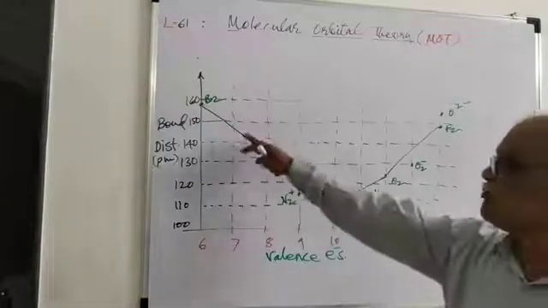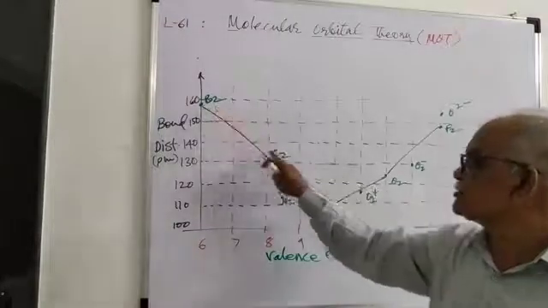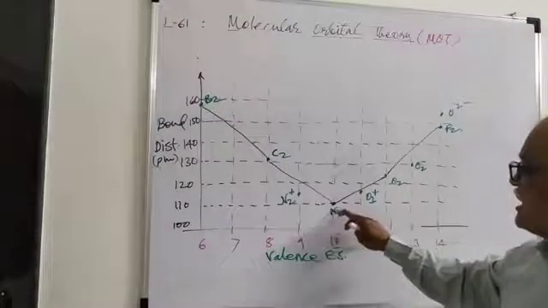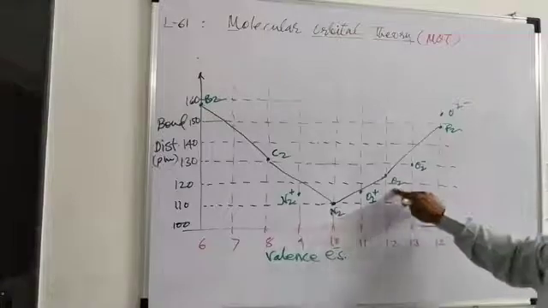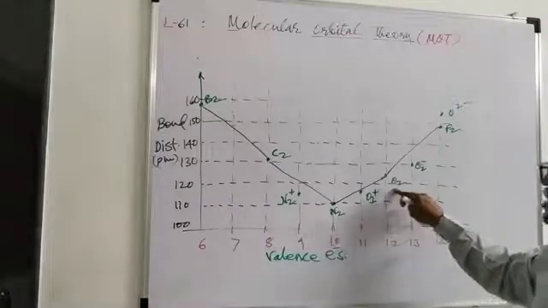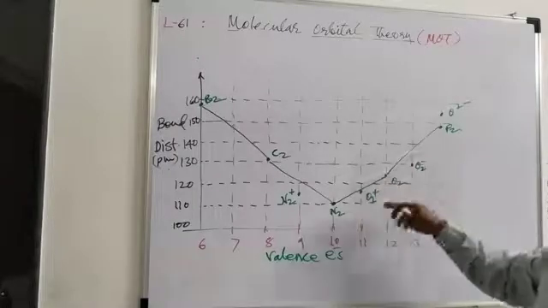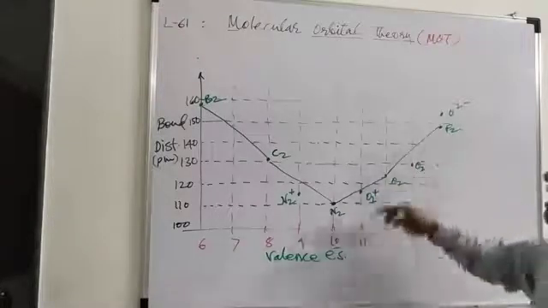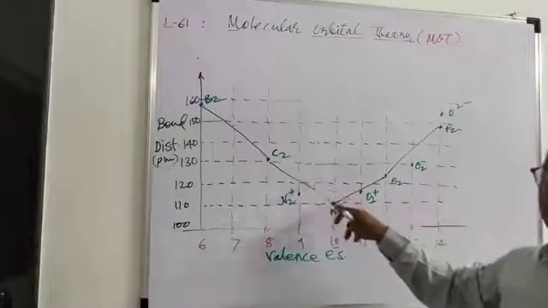So the strength of the bond is increasing from B2 to C2 and C2 to N2. But as we move from N2 to O2, the bond strength decreases, means the bond becomes longer and longer. So the bond distance increases.